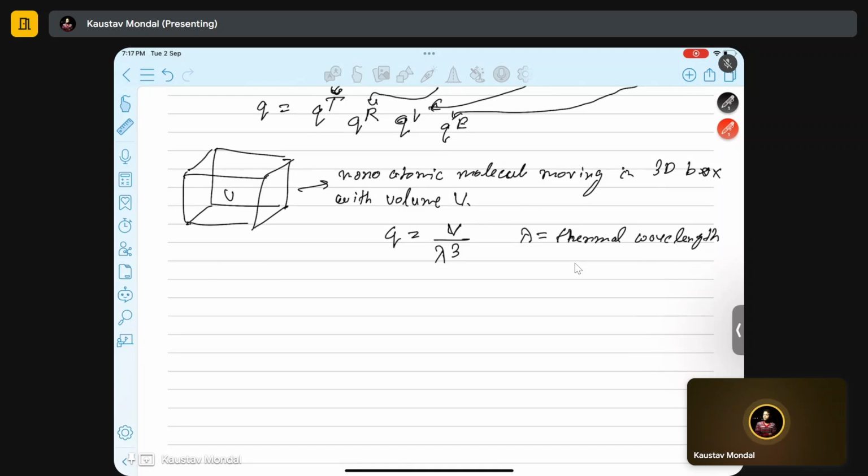The expression of lambda looks like this: h divided by the square root of 2 pi m kT.